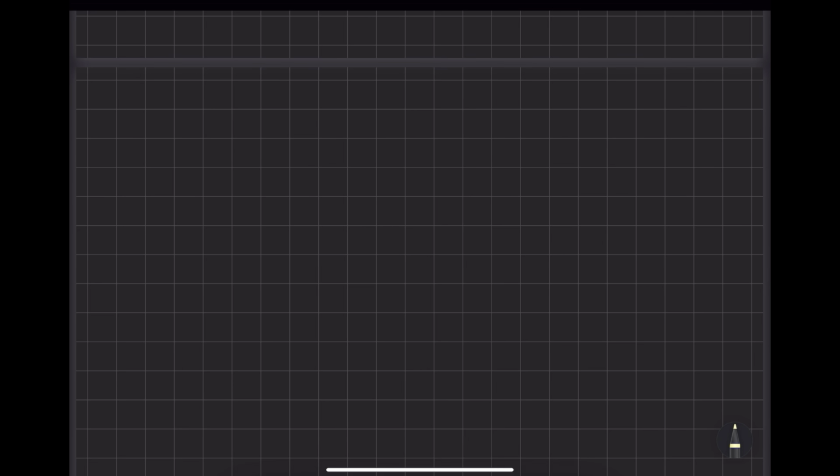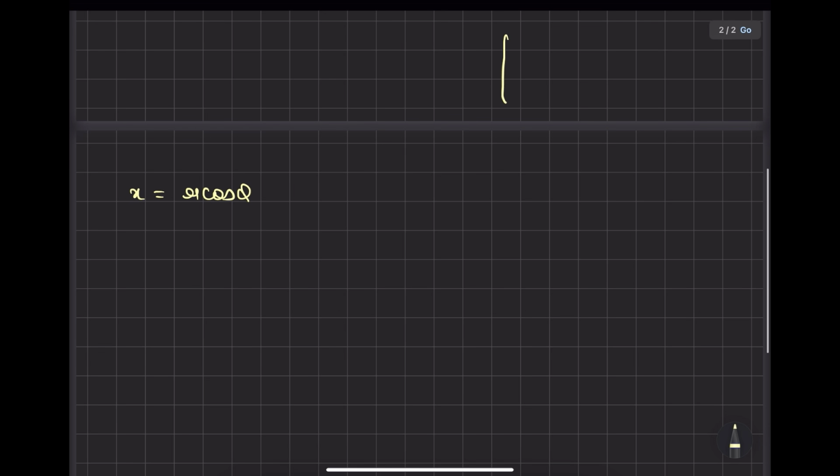Now look at this. Suppose that x is equal to r cos theta. Correct? You know that we have converted these kinds of situations. Like, we have the y-axis, x-axis, and then we have something r with theta.